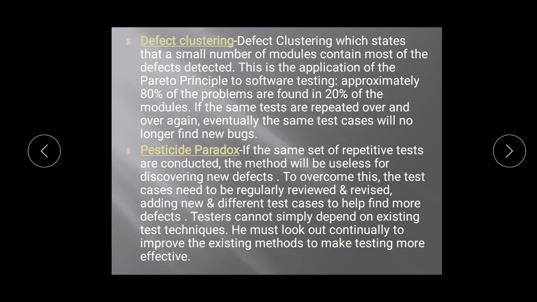We have the Pareto principle as a topic in a further chapter, but what that principle says is that approximately 80% of the defects will be found in the initial 20% of the modules of the software. If we apply the same test cases again and again on the same modules, eventually the same test cases will no longer find new bugs. So there will not be new bugs. We only have to solve the old errors or bugs that are there.